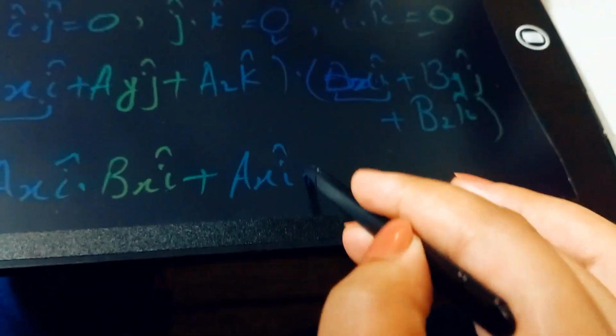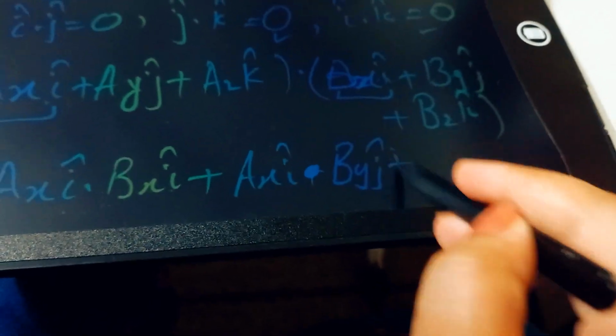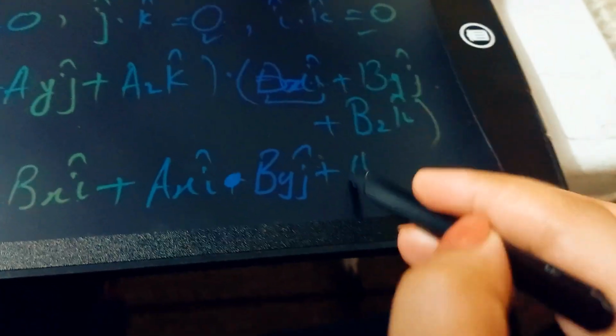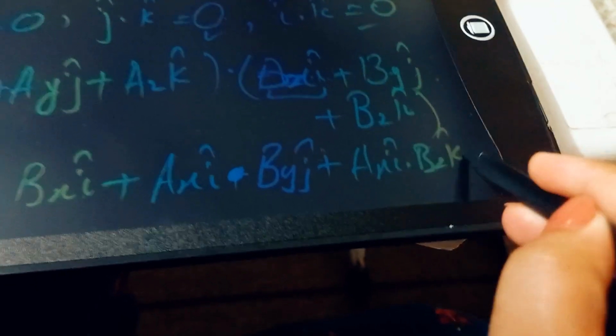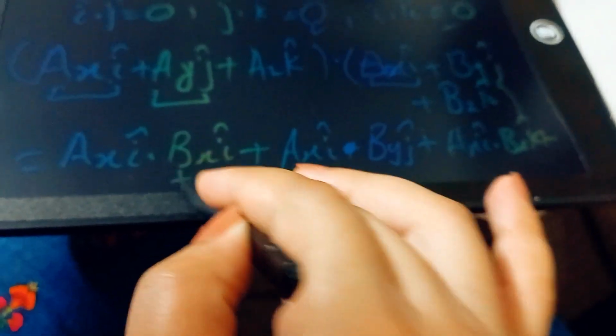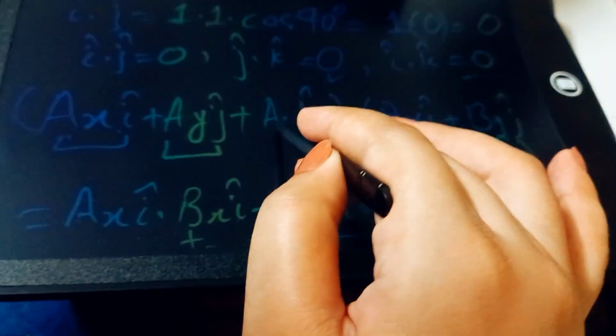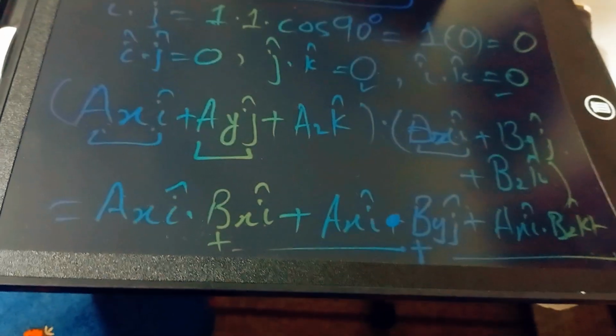Ax i hat dot by by j hat plus ax i hat dot bz k hat. Then we have this quantity, it will be multiplied with all of these. You write the similar thing for all of them. Then az multiplied with all of them, you write the similar thing. I'm just justifying here the final result that I quoted before.